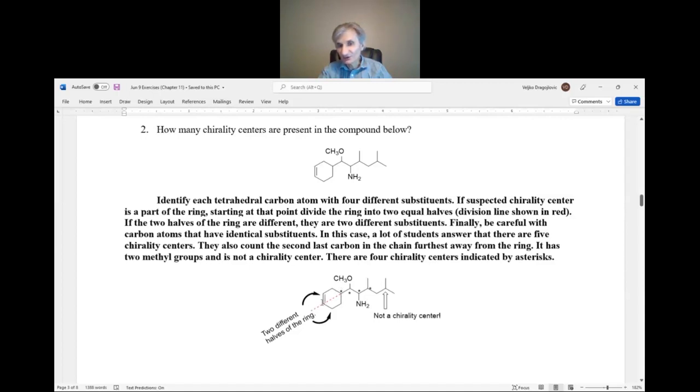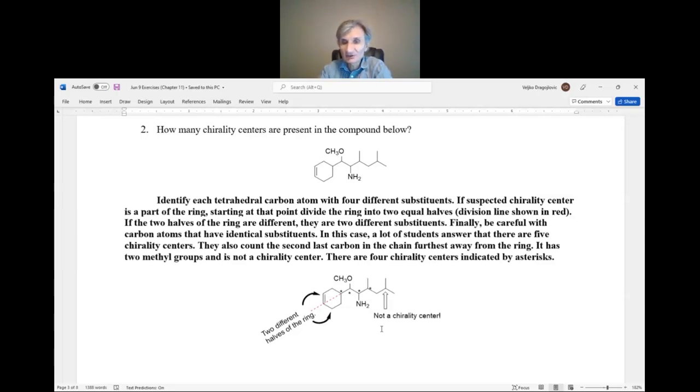That means carbon 4 will be the other end of that line. In case of a 5-membered ring, you would go through the middle of the bond. So if the ring has an even number of carbon atoms, that line will go through 2 atoms. If the ring has an odd number of carbon atoms, it will go through the chirality center and the middle of the other bond. You may want to practice that, and there are other exercises like that I already provided for you.